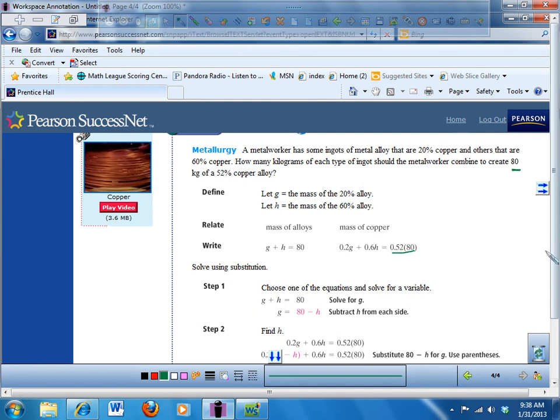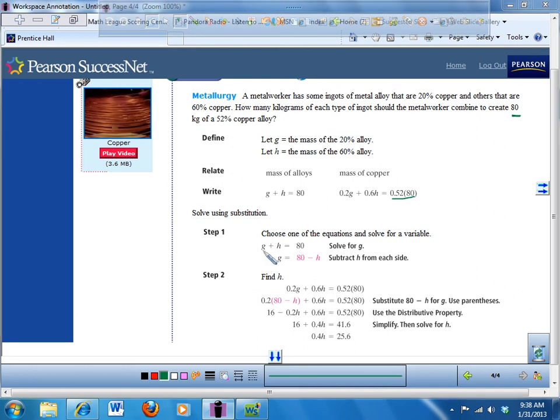Okay? Then the next thing you do is you have this equation here, and you have to get G by itself. So see what they did? They subtracted H from both sides, and then they used substitution to plug this in for G. And when they do that, they end up with this equation. Even though it has decimals, you still work with it. Use your calculator.